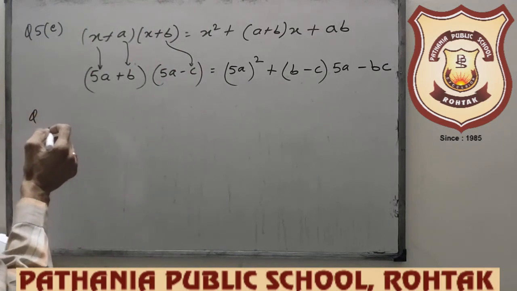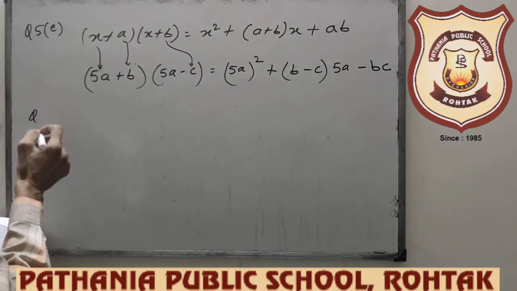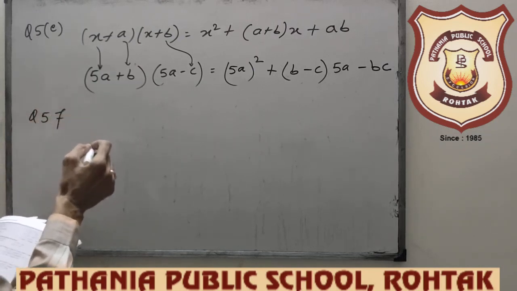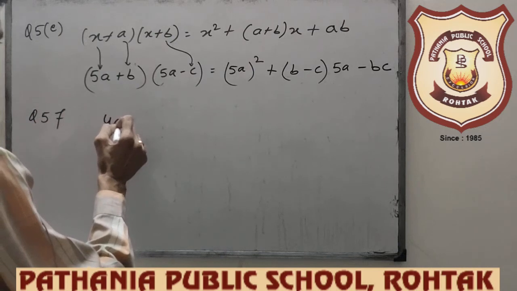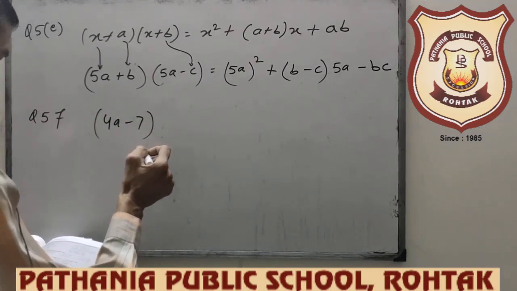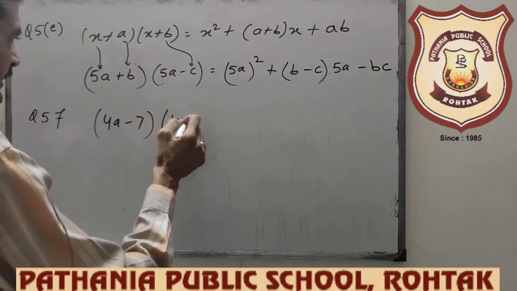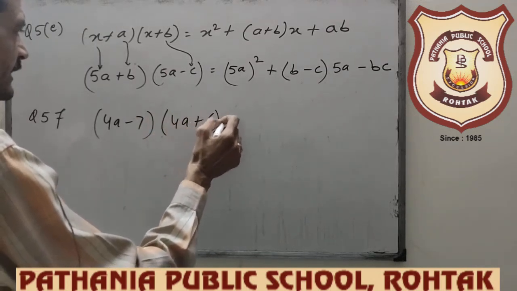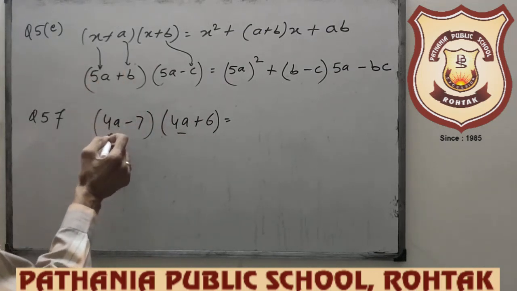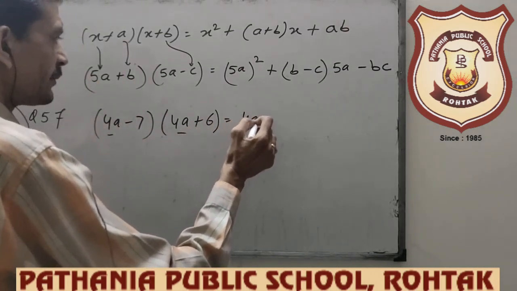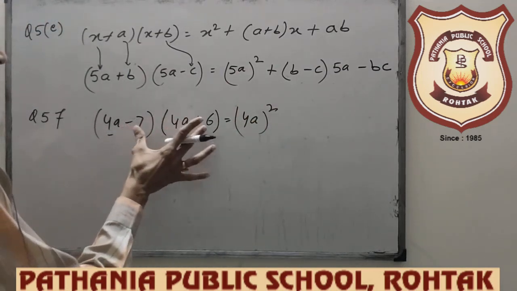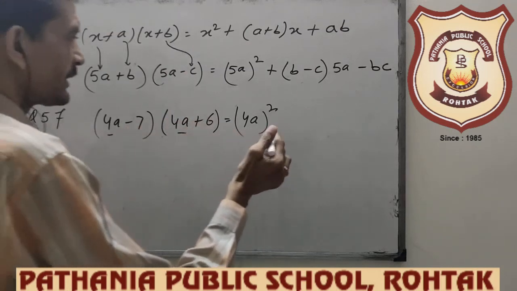Take one more example. Let us discuss part F. What is it? (4a - 7)(4a + 6). In this also the first number is the same, that is 4a. So what is the value of x? 4a. So x square is (4a) whole square. Now the two different numbers are minus 7 and plus 6.